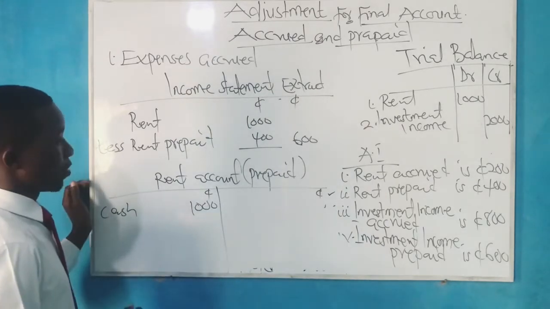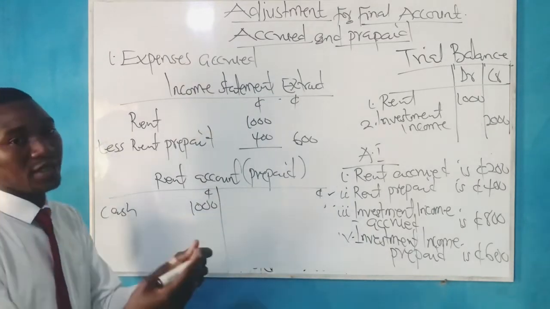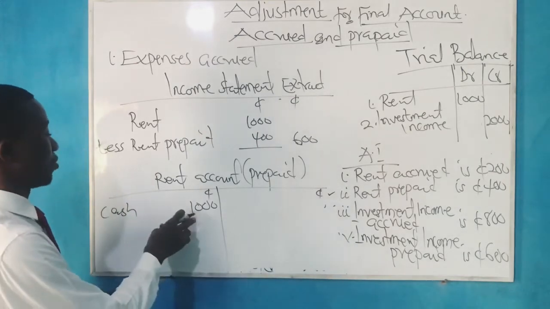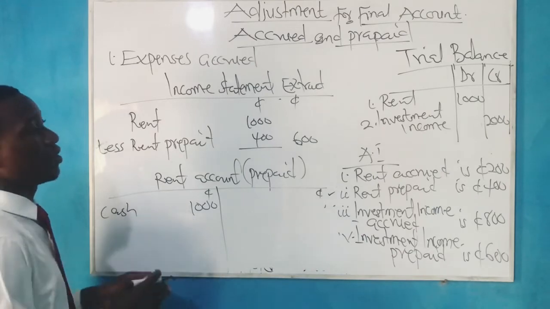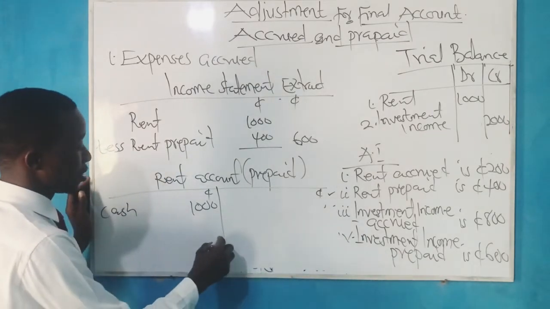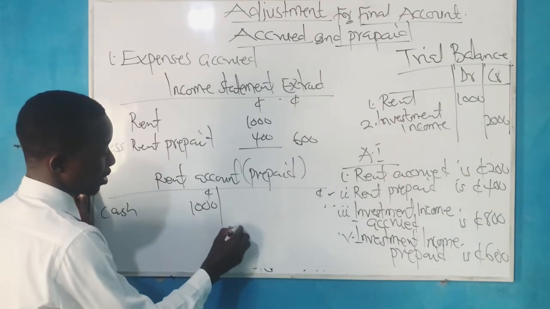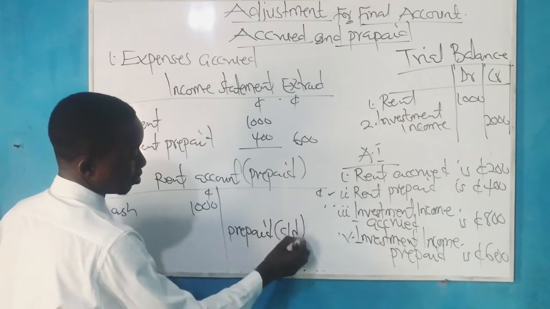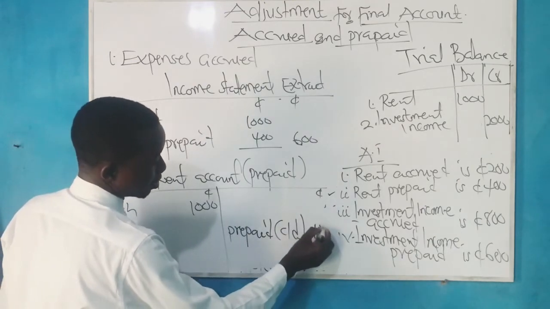Okay, and there is a prepayment. We've overpaid, so we will be lessing it from the one being paid in the trial balance as we less from this place. So you record it at the opposite side as rent prepaid. But this should be a balance c/d, which is 400 cedis.